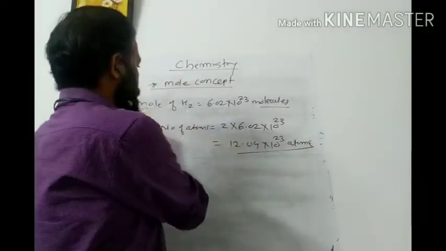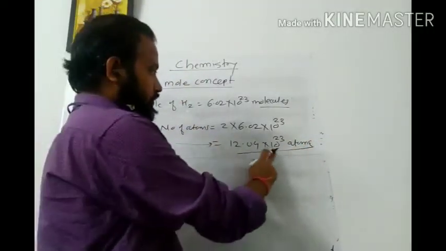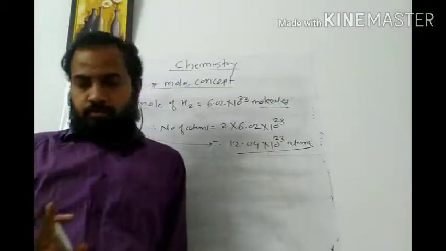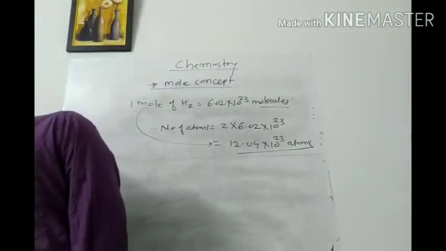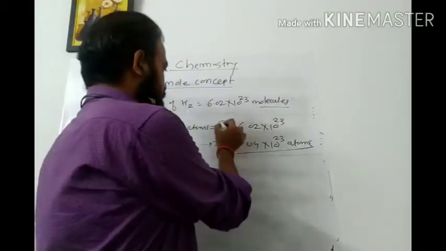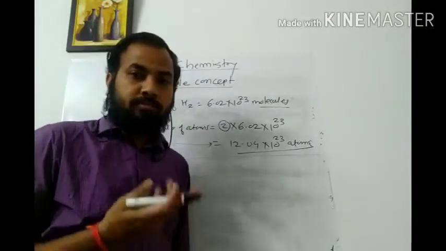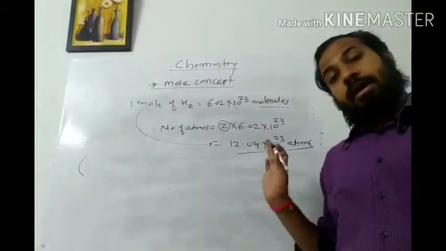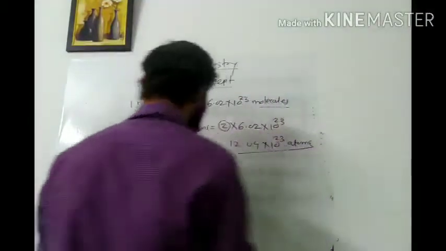Or we can say 1 mole of H2 equal to 12.04 into 10 raised to 23 atoms. So in this way you can calculate the number of atoms. Why am I multiplying this with 2? I am just multiplying by atomicity. Means what?